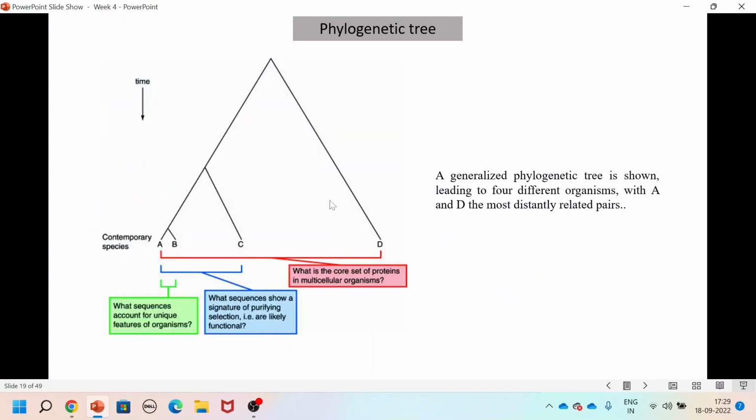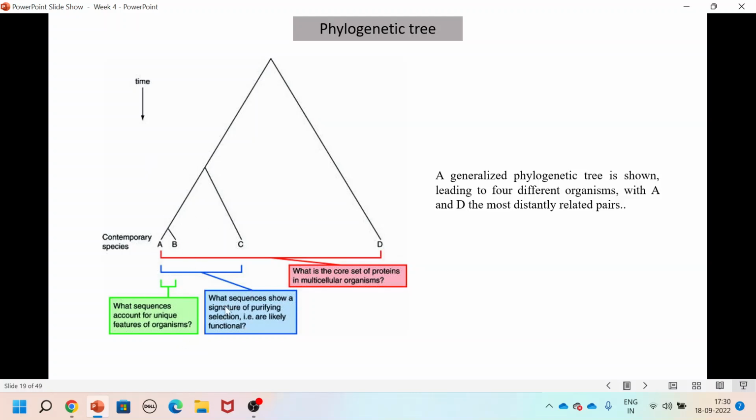This is a generalized phylogenetic tree, and in this we show that with time this organism evolved, leading to the development of four species, that is A, B, C, and D. The phylogenetic tree helps answer questions like: what sequences account for unique features in an organism if they are so closely related?